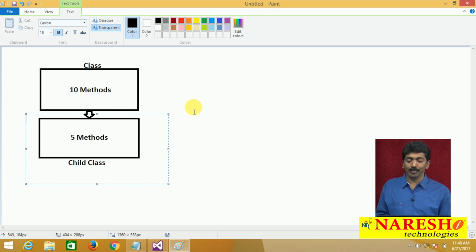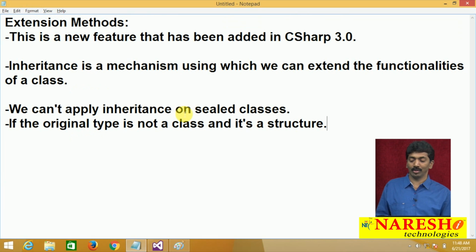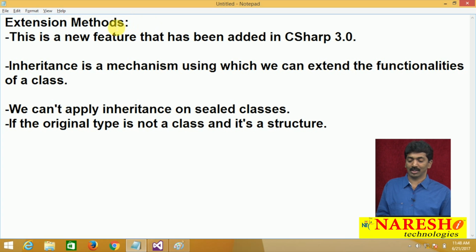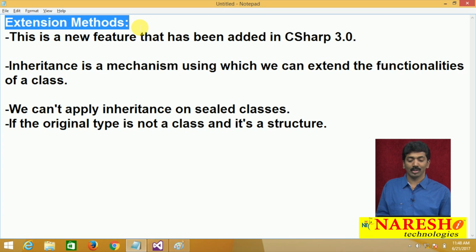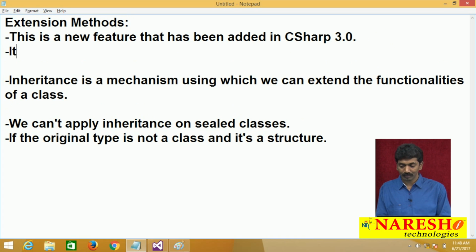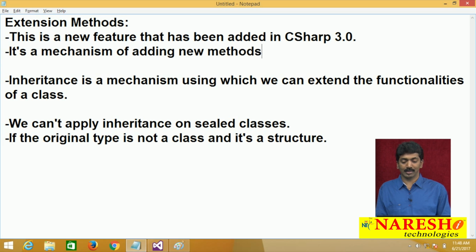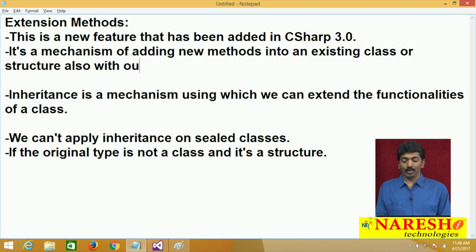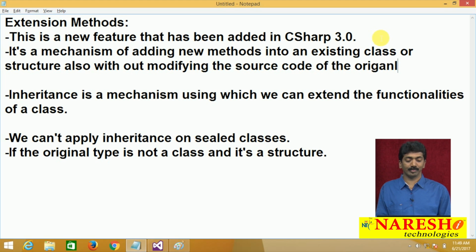This is another issue we need to take into consideration. Okay. So to overcome these problems, in C# 3.0 Microsoft introduced a concept called extension methods. So what is an extension method? An extension method is a mechanism using which we can add new methods into an existing class or structure also, without modifying the source code of the original type.